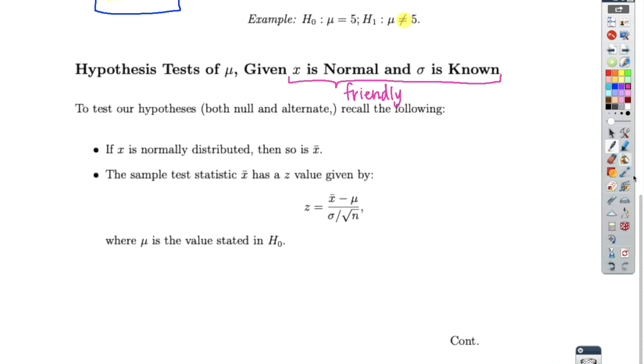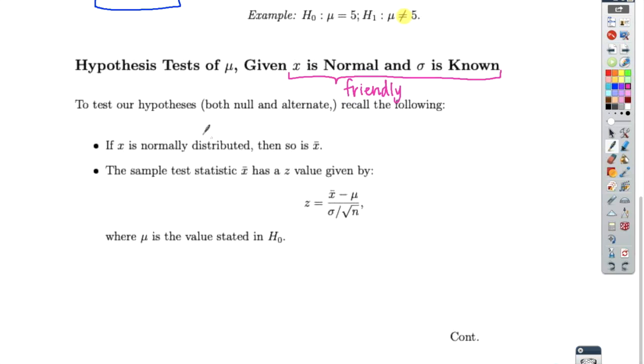Okay, so just to summarize the process, remember this is just a fact. If X is normally distributed, then so is the sampling distribution, X bar. The sample test statistic x bar, the sample mean, has a z value given by this formula. And of course, this is in your formula sheet, where mu is the stated value that's from our null hypothesis.